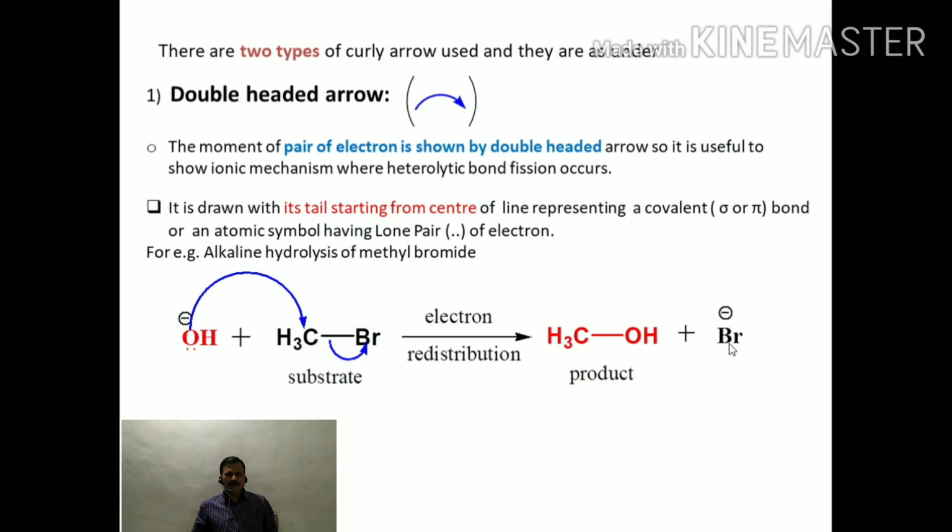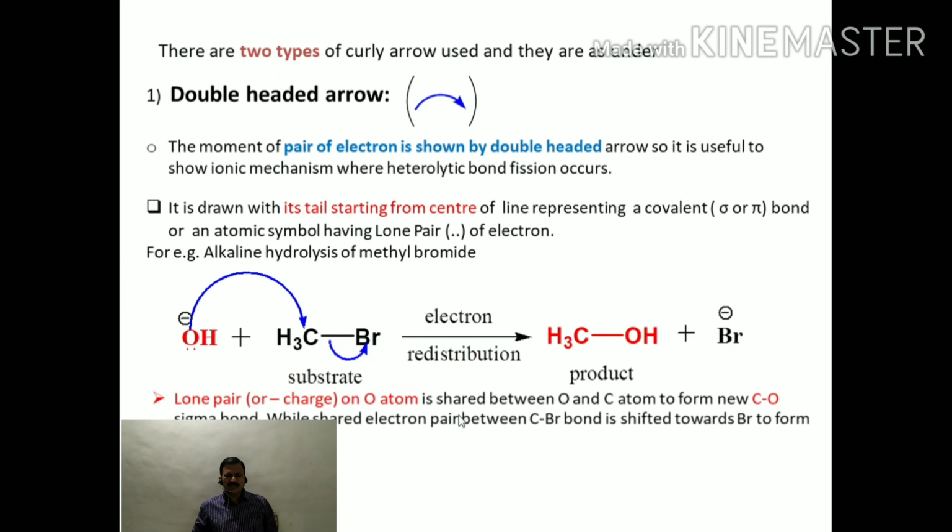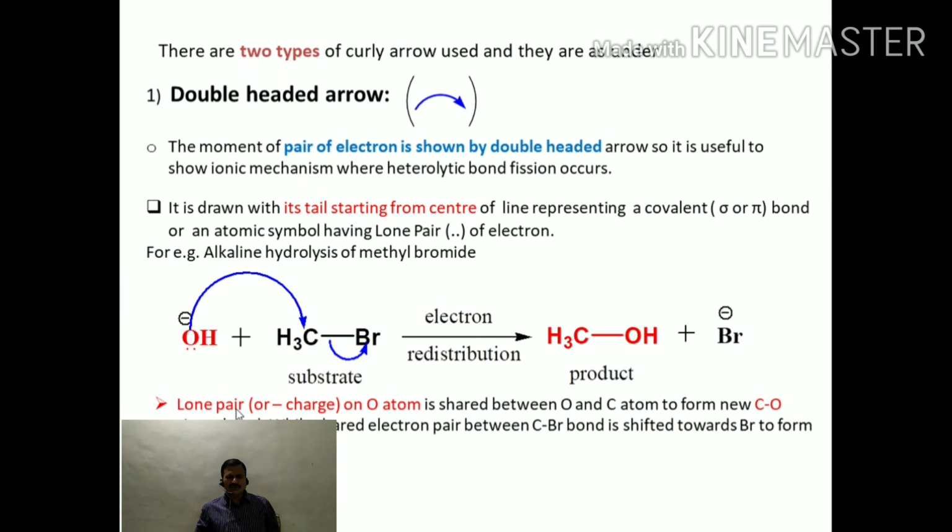So here what happens? The lone pair electron on oxygen is shared between oxygen and carbon, forming a new C-O bond, while the shared electron pair between carbon and bromine is shifted towards bromine to form Br minus. So this is a very simple electronic bond movement that is represented in the SN2 mechanism.